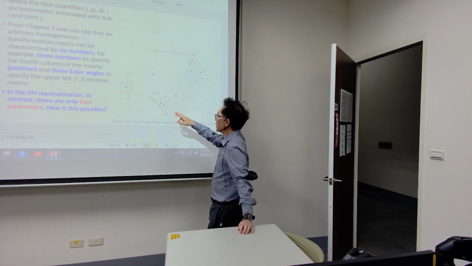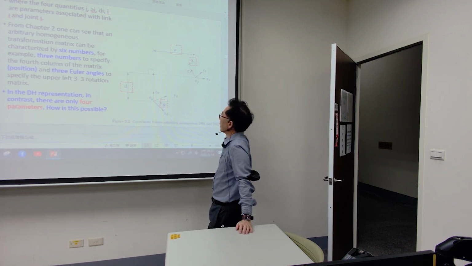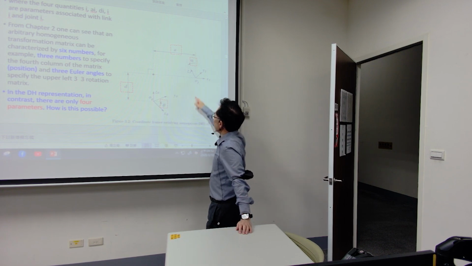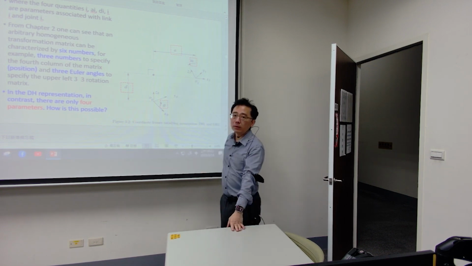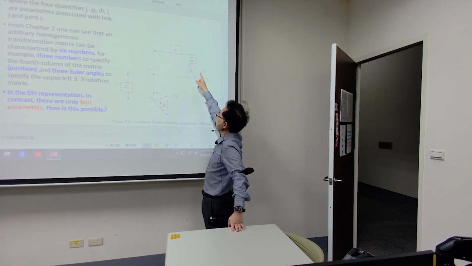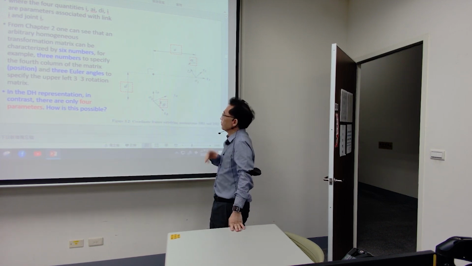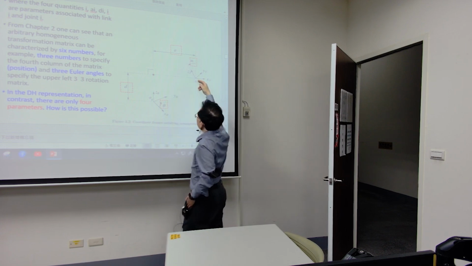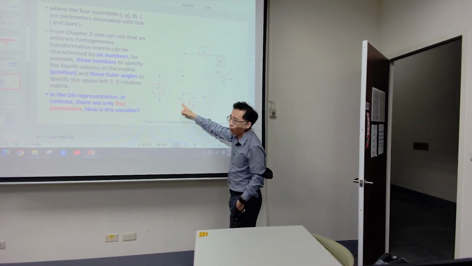Theta is easy to understand. And the next joint we call i plus 1, or over here 1. We skip alpha first. Don't care about alpha.